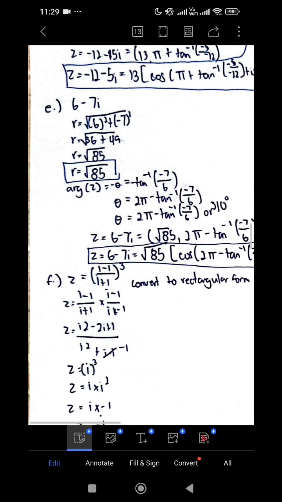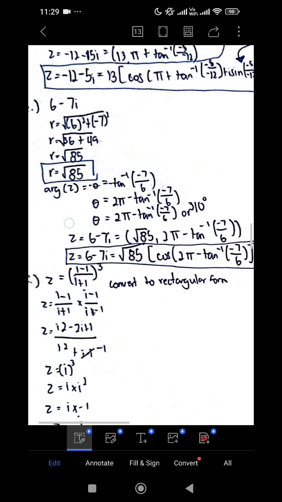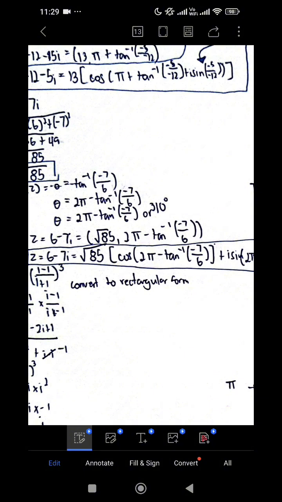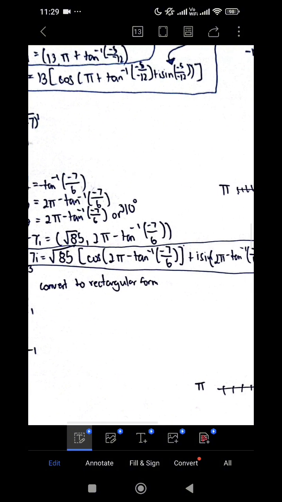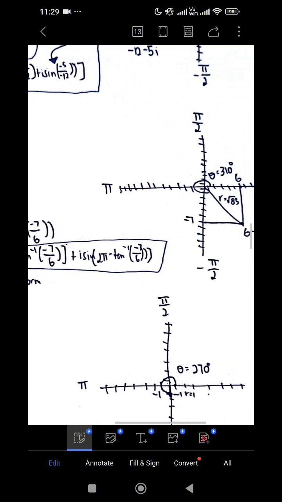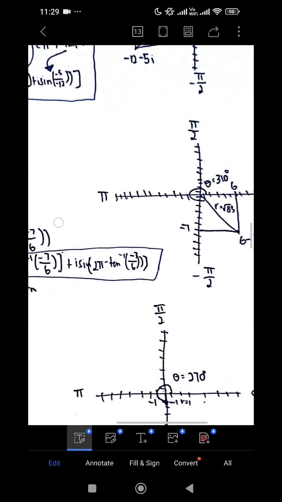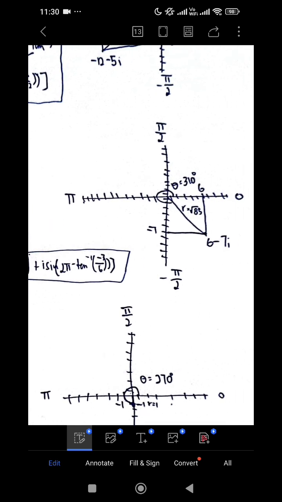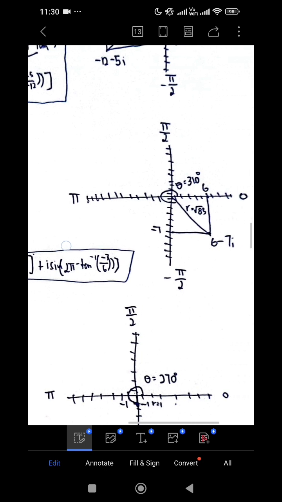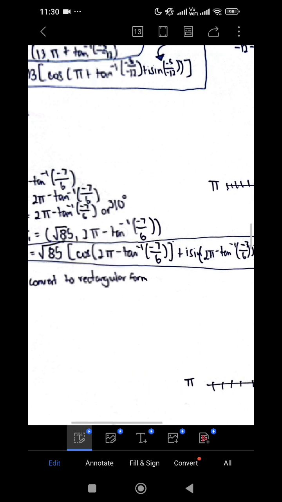Then the final answer on letter E is z equal to 6 minus 7i, which is the given, equal to the square root of 85, bracket cosine of 2 pi minus tangent raised to negative 1 of negative 7 over 6, plus i sine of 2 pi minus tangent raised to negative 1 of negative 7 over 6. Then that's the final answer, and this is the graph again. Okay, this is the same.